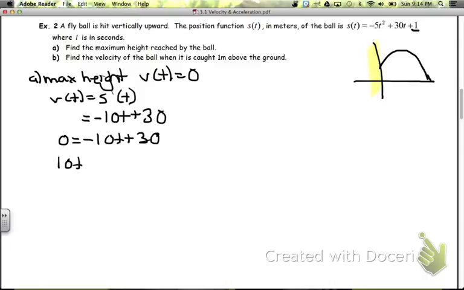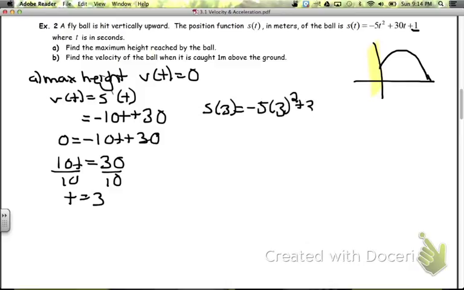We bring the 10t over to our left side, divide both sides by 10, and we get that t is equal to 3. So our time is at 3 seconds, and we can now put that value into our position function. s(3) is equal to -5 times 3 squared plus 30 times 3 plus 1.